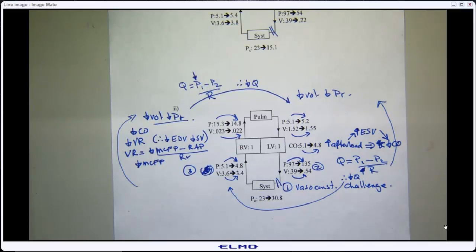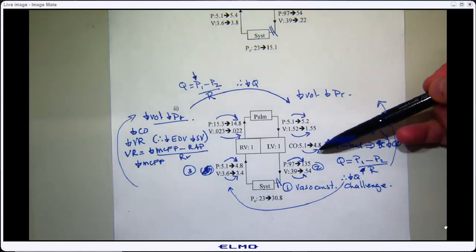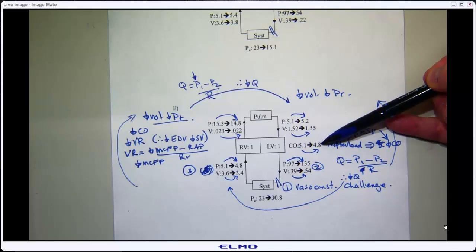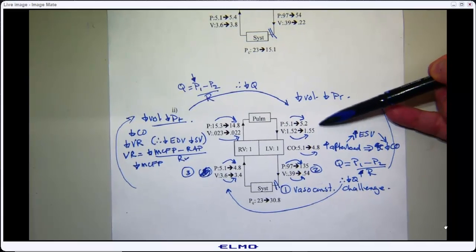So if the left heart is not pumping it, what does the left heart do? The left heart moves volume from pulmonary veins to systemic arteries, and it's not doing it. Where is the volume? If cardiac output went down, there's got to be volume somewhere. It's got to be up here, right?